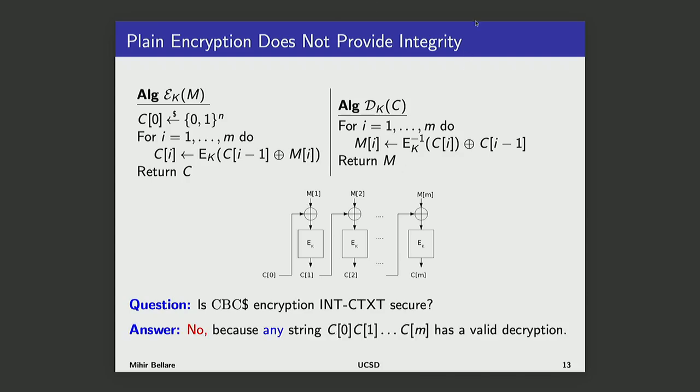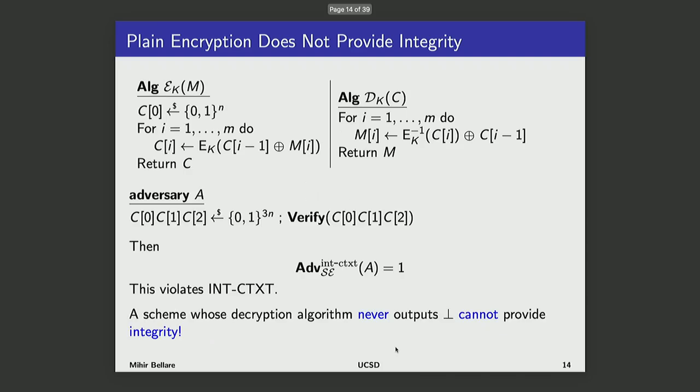So pass in whatever you want, right? Any string, and it has some valid decryption, and so you violated integrity. So the first thing we learned from that is we had better sometimes reject. So now for the details, if you have to write this on a quiz or something, you have to write an adversary that obeys the rules of the game.